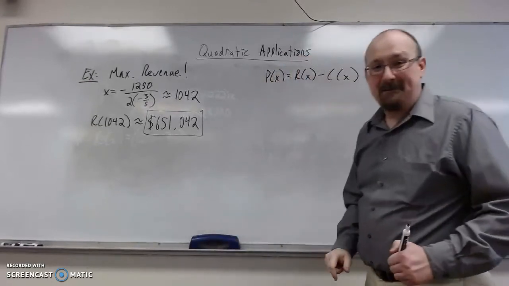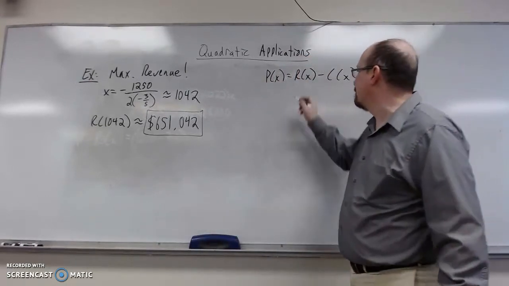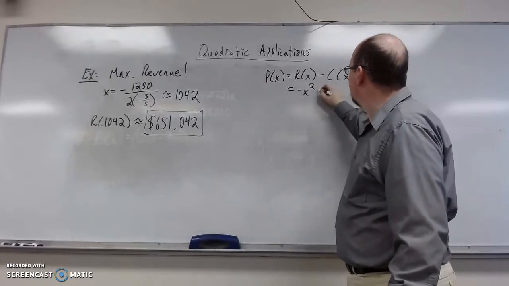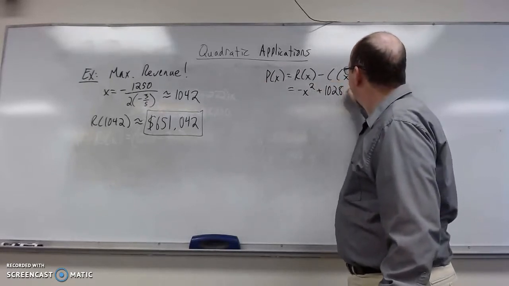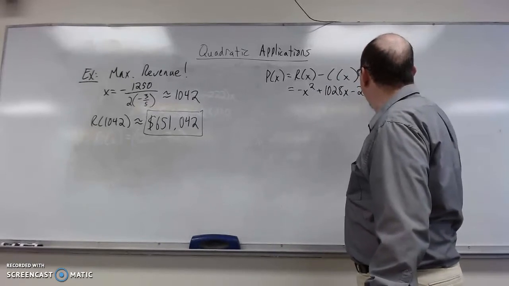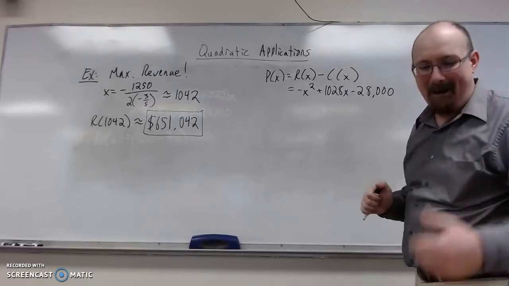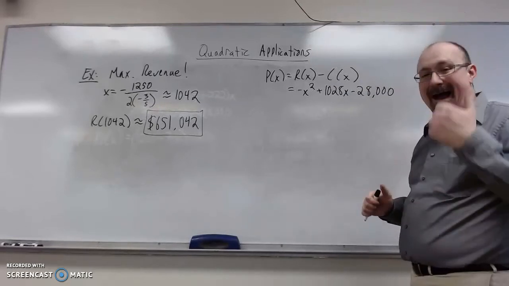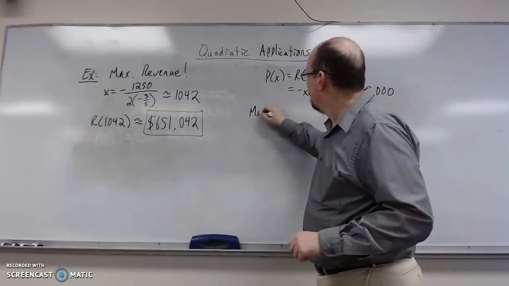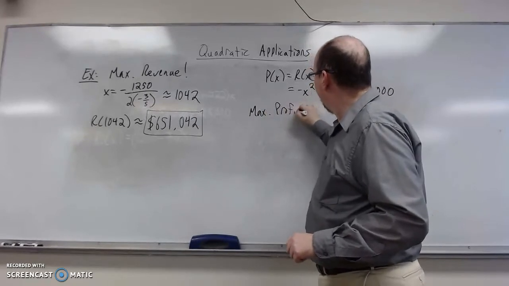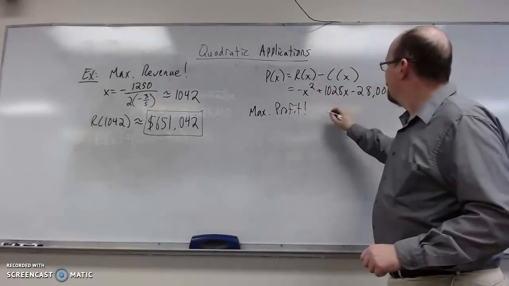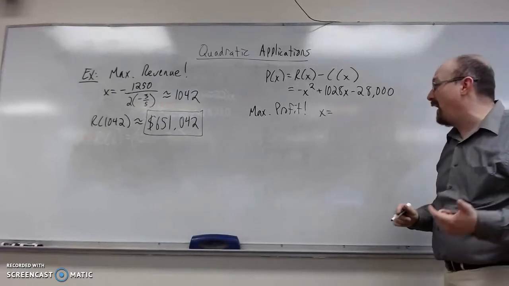So we're asked to maximize profit. I just erased the function that I was wanting to keep up here, so let me reproduce that real fast. My profit function looked like that: negative x squared plus 1028x minus 28,000. Max profit is going to occur at the vertex of our profit function.